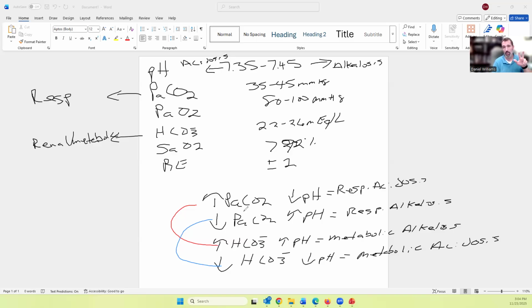After we've determined that, we're going to look through the respiratory component and the renal component of the arterial blood gas, and try to determine who's at fault for causing the pH to be whatever direction it is, whether that's acidotic or alkalotic.